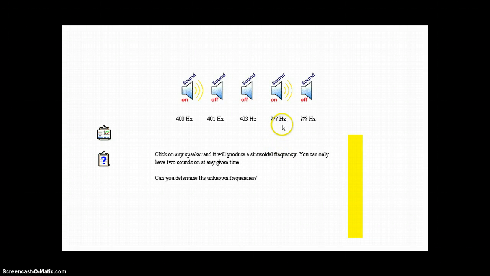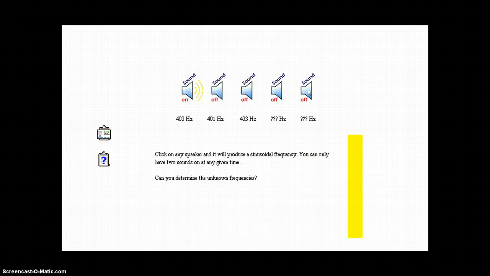To me it sounds like 2. So that means this would probably be 402 hertz or 398 hertz. Sounds like a higher pitch, so we'd probably go with 402 hertz.